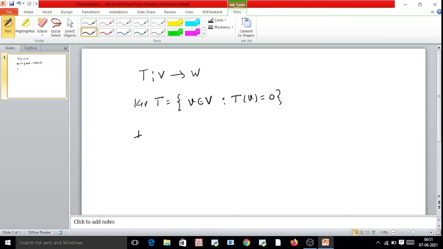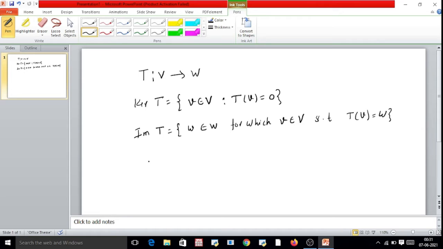And image of T, written as Im T, is defined as small w belonging to capital W, that is a vector space, for which there exists small v belonging to capital V such that T of v is equal to w.